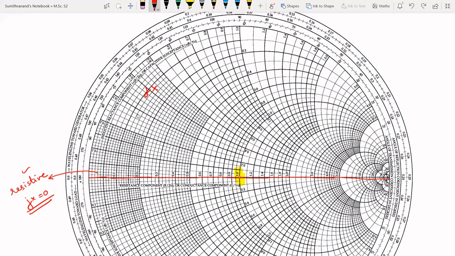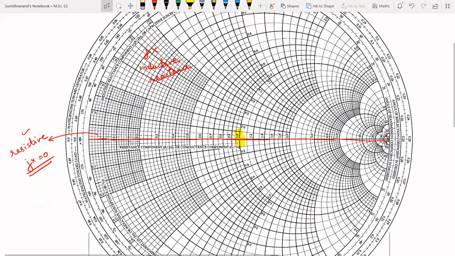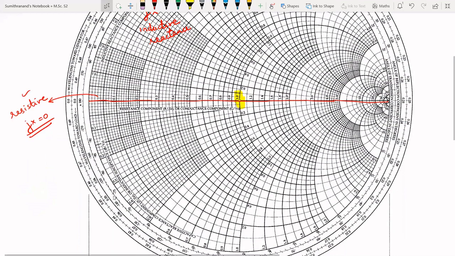It is written here as inductive reactance component, that is, positive reactance represents inductive reactance. Now below this horizontal axis there is a semicircle. It represents the negative reactance, or minus jX, or capacitive reactance.